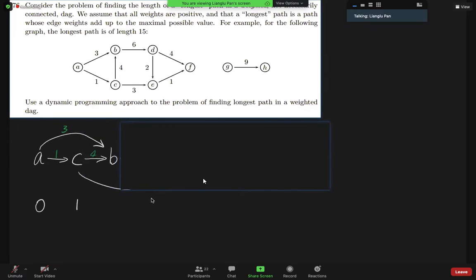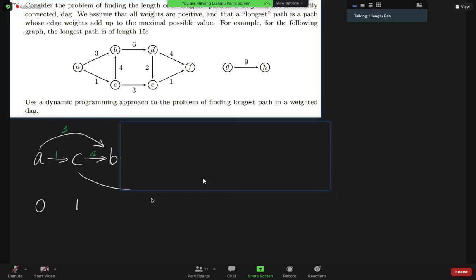Keep going for the next node, B. In this case, again, we will be considering if we have a path ending at node B, what is the longest distance, or largest length, we can have? And looks like in this case, we have two different scenarios. If we have a path ending at node B, it might be coming from A, it might be coming from C. So maybe we consider each of them one by one.